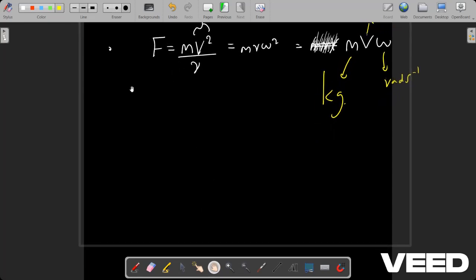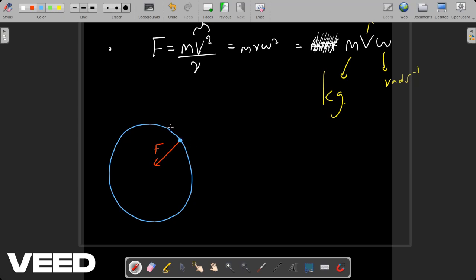Now again, I am giving you this as a diagram. This is our object. There's a force; centripetal force is this. Linear velocity is this, and it is at omega, the angular velocity, constantly rotating.